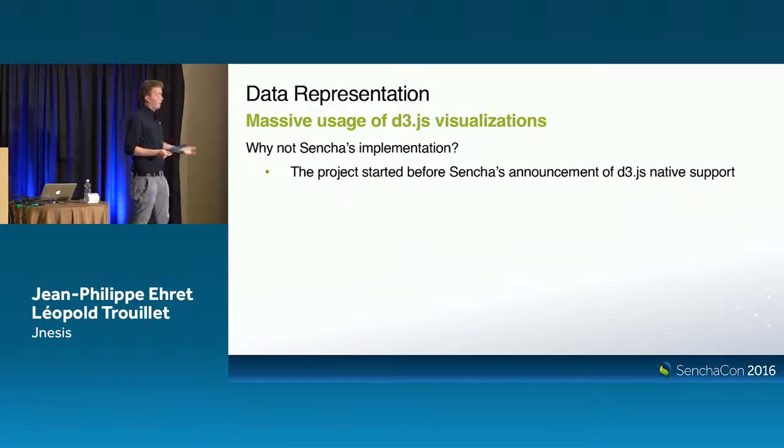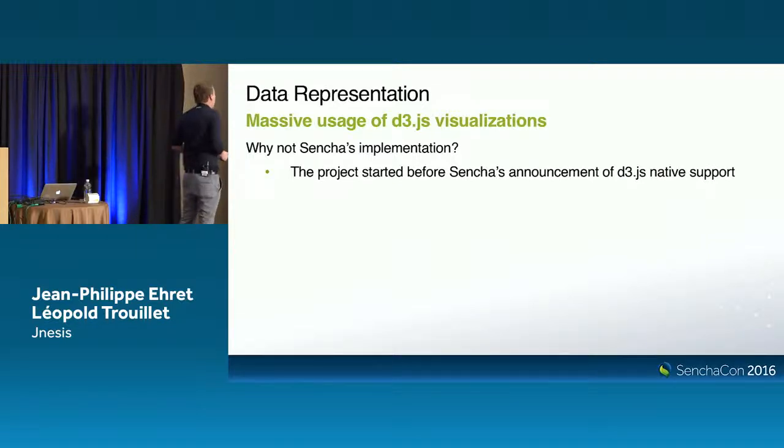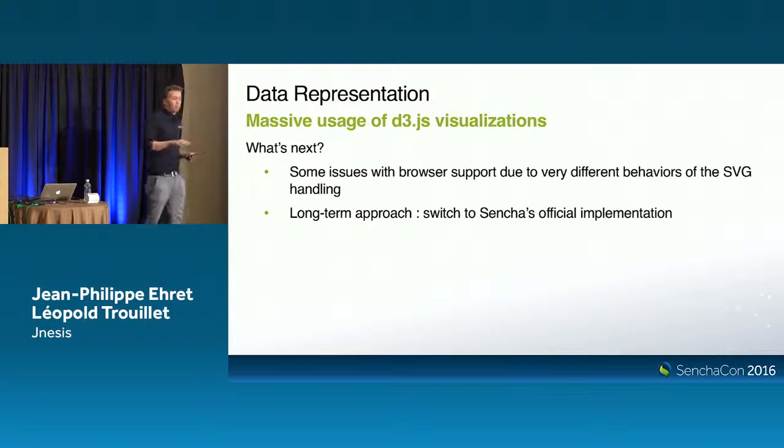Actually, we had to build our own mapper to D3.js because it was before Sencha's announcement of support of D3.js. But making it on our own provides us with some issues with the support of different browser behaviors with SVG manipulation, of course. And so the long-term approach will be to switch to Sencha's official implementation to let Sencha spare us the job of browser compatibility, as I know.